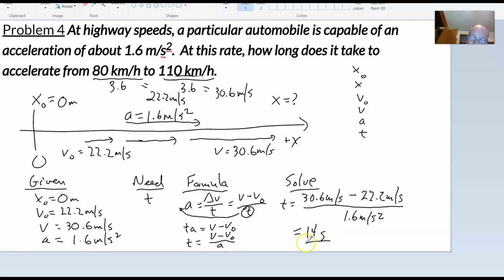And this gives us a time of 14 seconds. Okay, and we don't really need this information anymore, so let's just get rid of that. And so this would be the solution that I want you to write down on your worksheet.